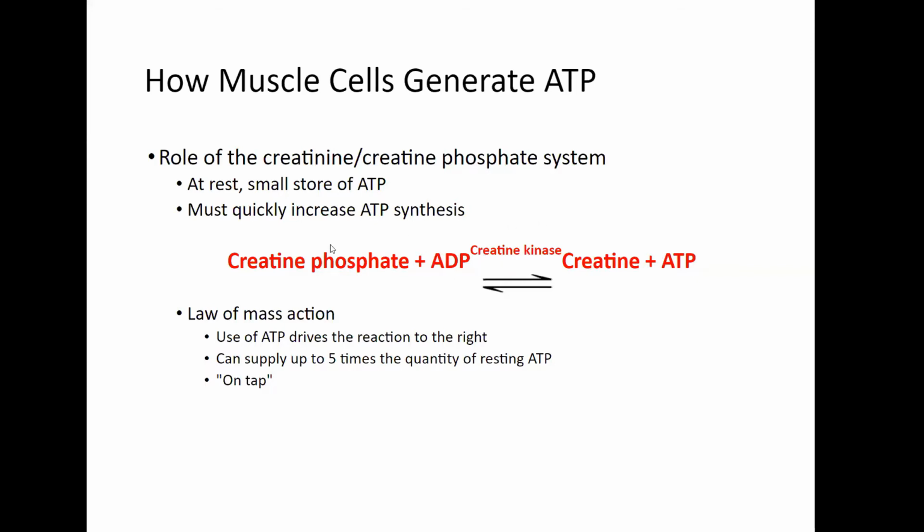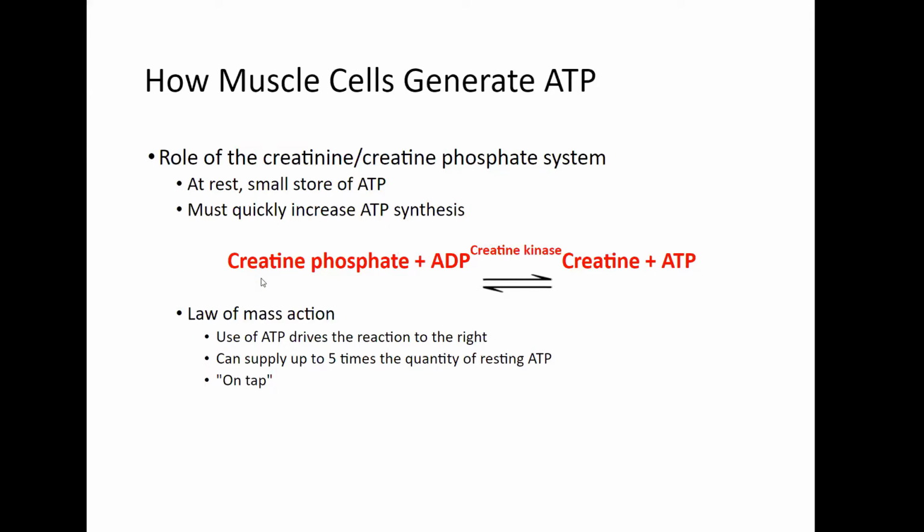So it's moving to the right. We're converting creatine phosphate and ADP into creatine and ATP at the same rate as we're going backwards and creating creatine phosphate and ADP. Okay. But once you start to exercise and you start to lose ATP, right, because you're using it, it forces this equation to move to the right, right?